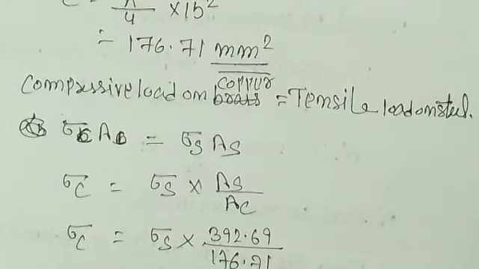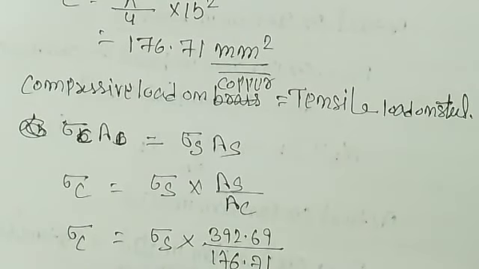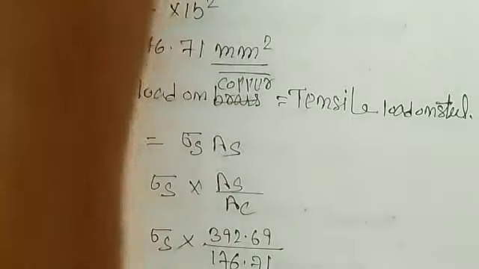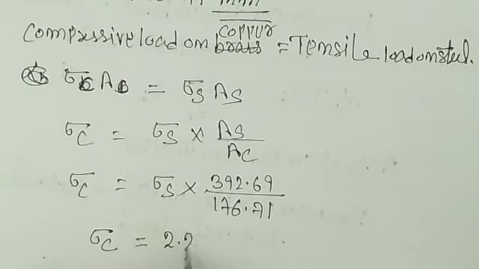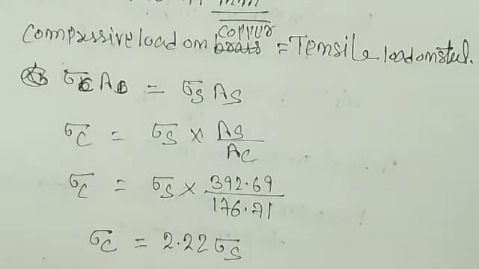So 392.69 divided by 176.71 is 2.22. It means you can say the stress on copper is equal to 2.22 times of stress in steel. First relation we got, right?